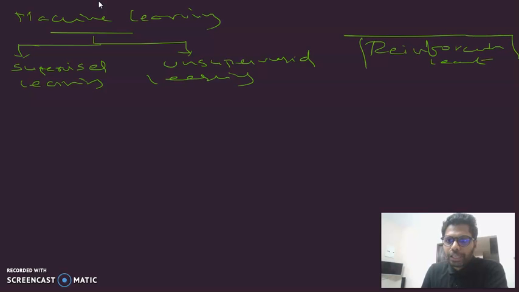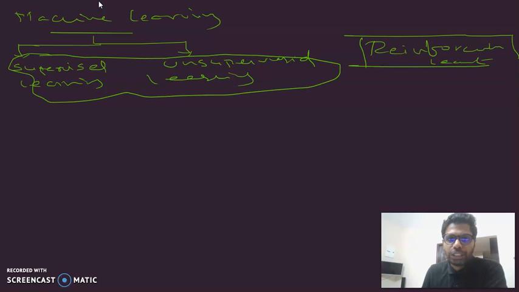Reinforcement learning is a very big topic, and I'm not going to discuss it right now. What I would like to focus on is supervised learning and unsupervised learning, which is really important, and most of the business use cases will fall in this category.